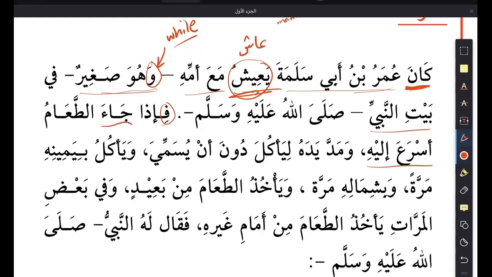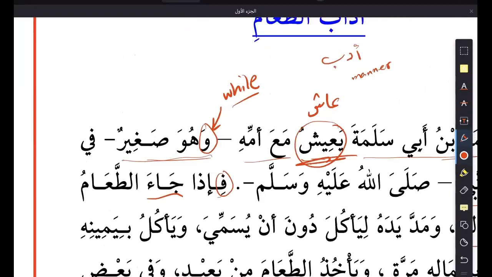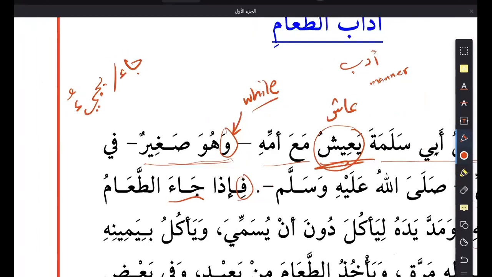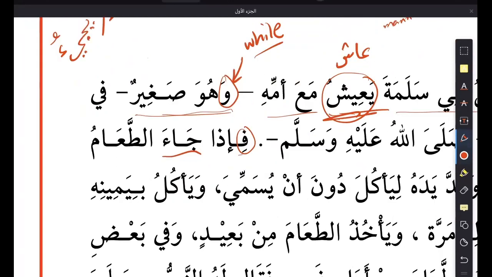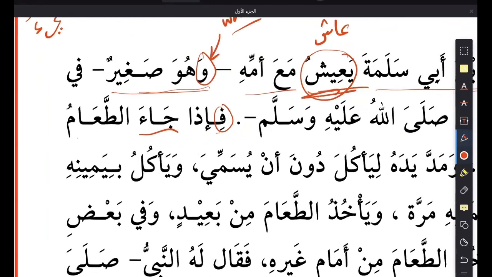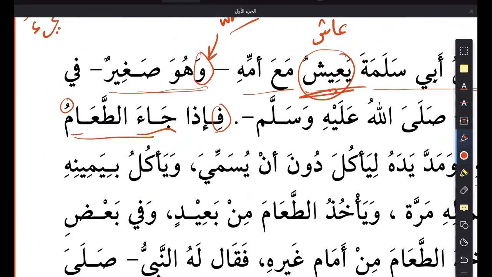Ja'a is past tense, and yaji'u means to come. Because of the if condition, just like in English, we use the past tense in condition statements to mean something in the future. So فَإِذَا جَاءَ الطَّعَامُ, when the food comes. Look at the ta'am, it has the dhamma, which means it is the subject.